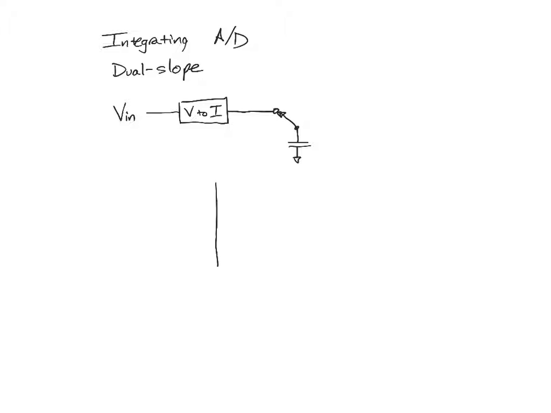Okay. And I'm going to arbitrarily say that I'm going to start charging at this time, and I'm going to charge up the capacitor for a fixed amount of time, this fixed number of clock cycles, say. Right? And what that means is that I have a certain time that the charging happens, which is fixed.